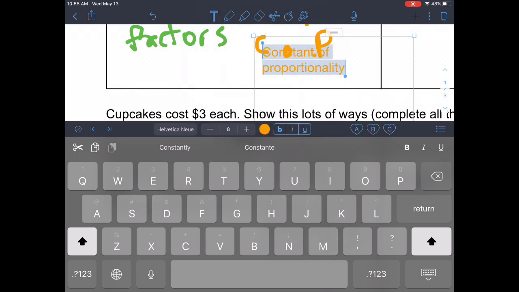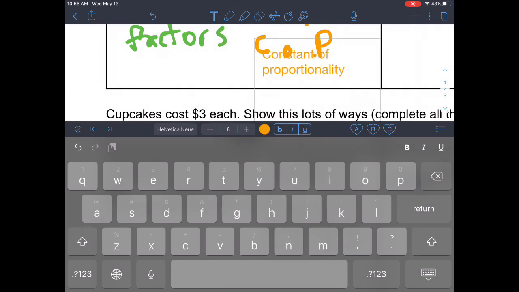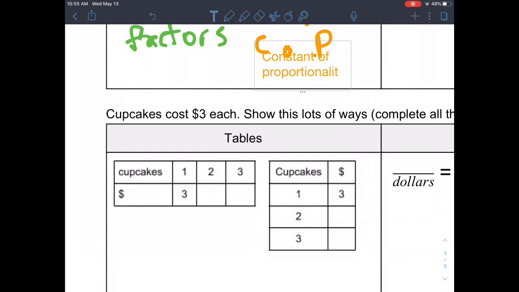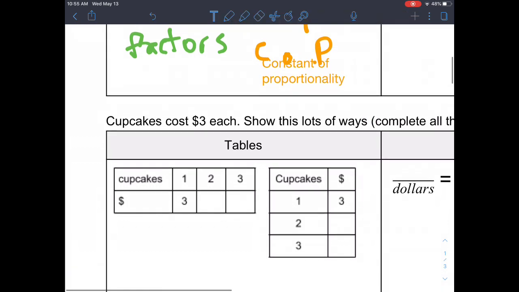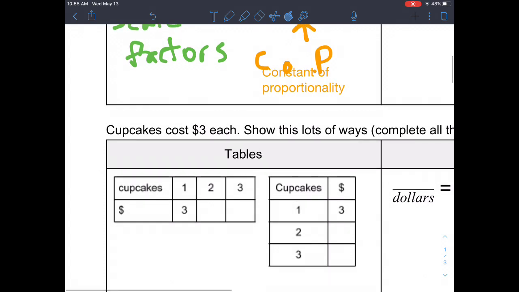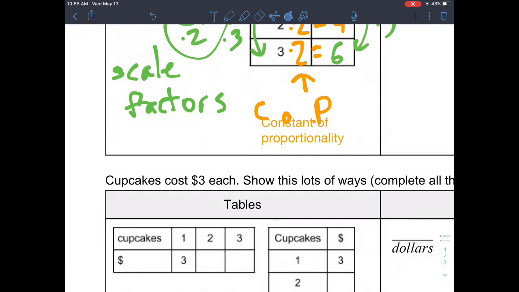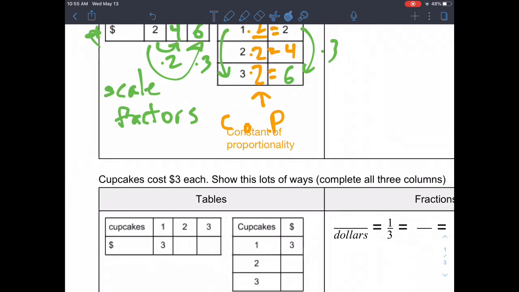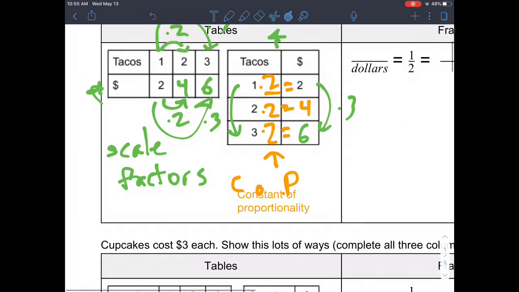I want it to be the same orange. Okay. Constant of proportionality. There's a little bit of overlap. So that's going to come up because eventually we're going to have to write an equation. So that works, and we are very comfortable moving in tables.